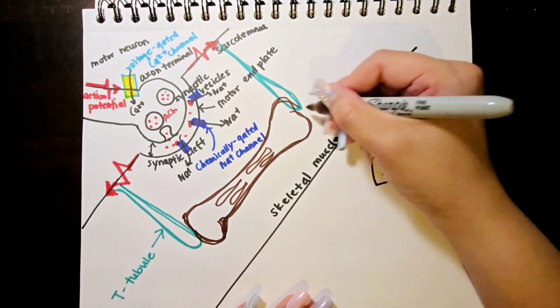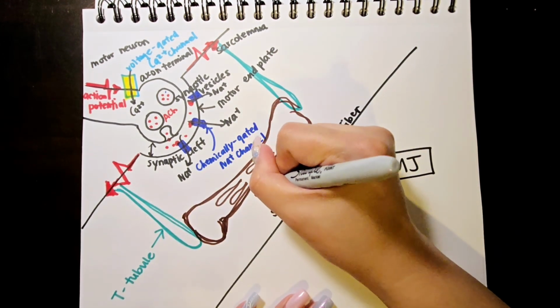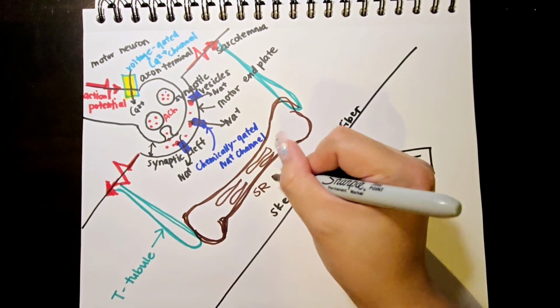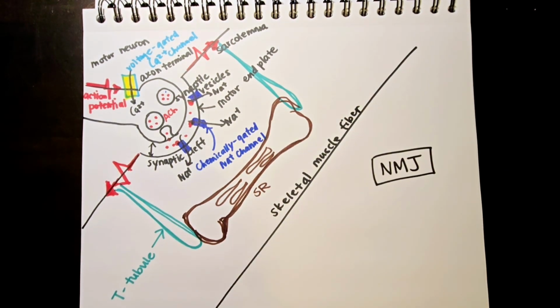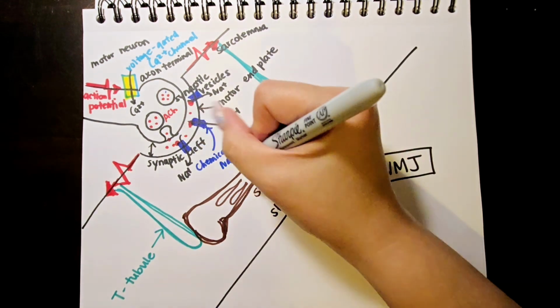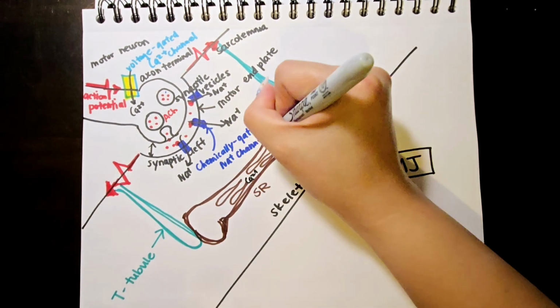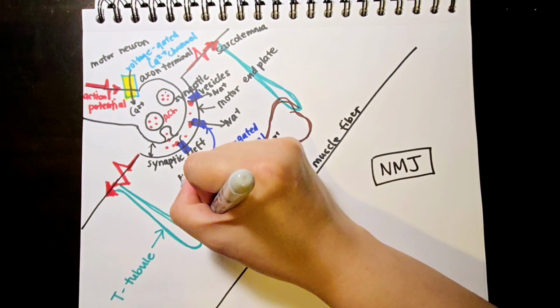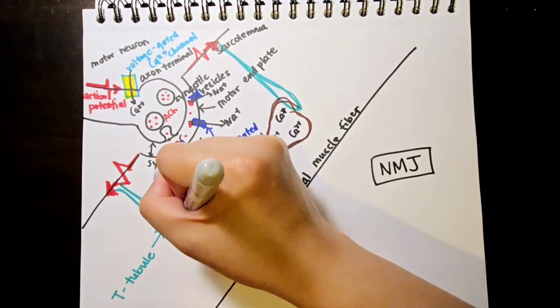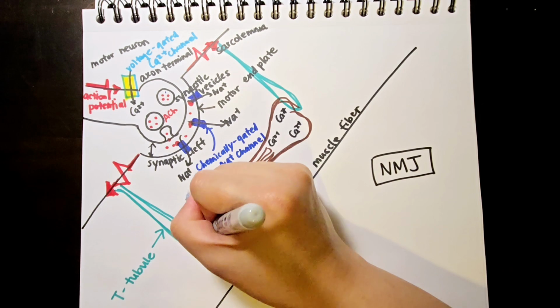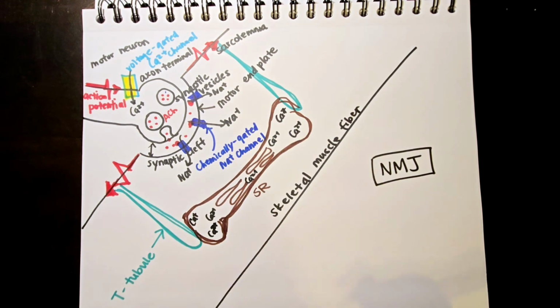This whole thing is what we call the SR, or sarcoplasmic reticulum. Within the sarcoplasmic reticulum, we have storage of a lot of calcium ions. Lots of calcium ions within the SR itself. That's the whole purpose of the SR within the skeletal muscle fiber.